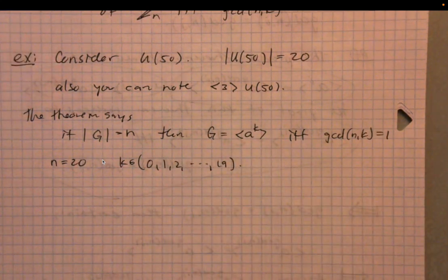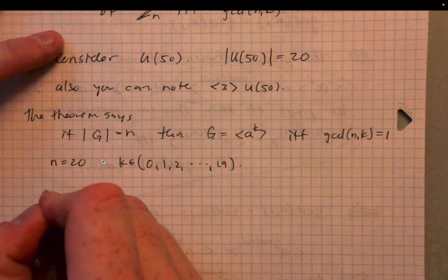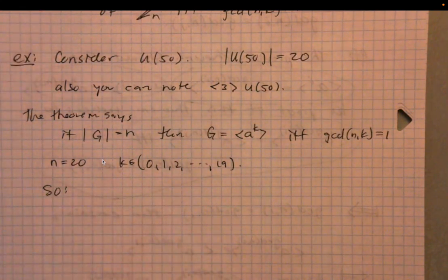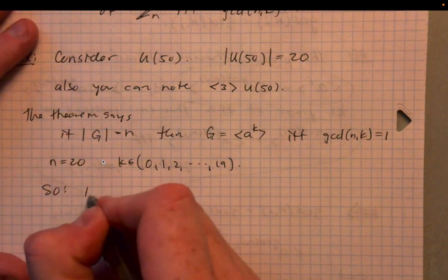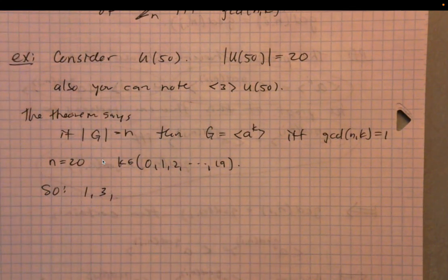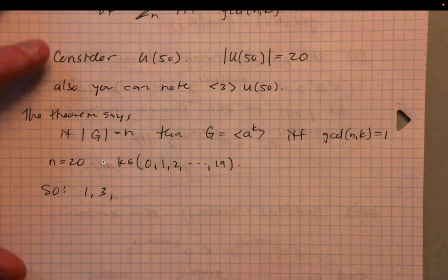Right, so which ones work? You can kind of go through this list. And so what you would see is that 1 is relatively prime to 20. 2 is not relatively prime to 20. They both have a common divisor of 2. 3 is relatively prime to 20. 4 and 5 obviously are not relatively prime. They divide 20. So neither is 6. It's divisible by 2.